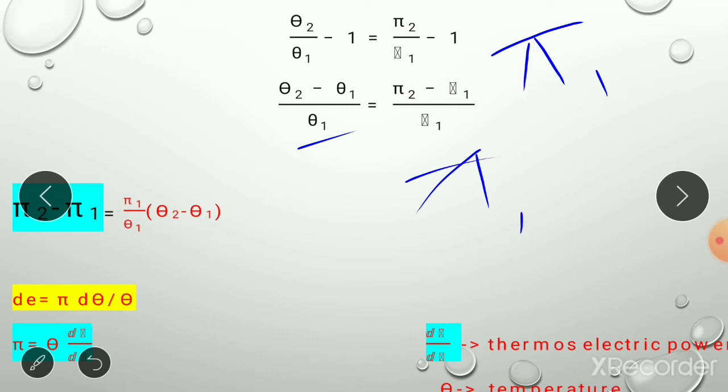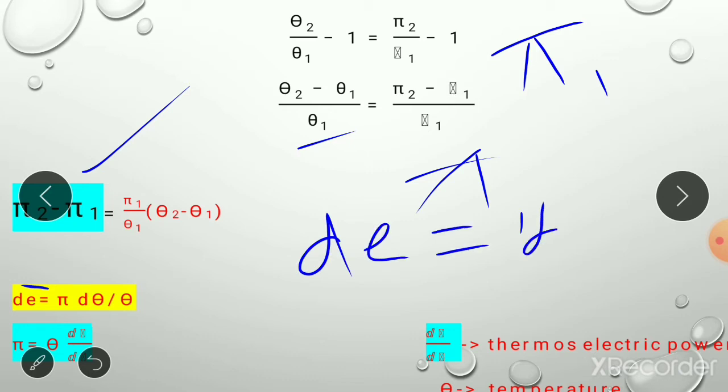Now deduce the expression for pi 2 minus pi 1: retain it on the LHS side and move the rest to the RHS, so pi 1 by theta 1 times theta 2 minus theta 1. Here pi 2 minus pi 1 can be written as d pi, and dE is nothing but d pi.